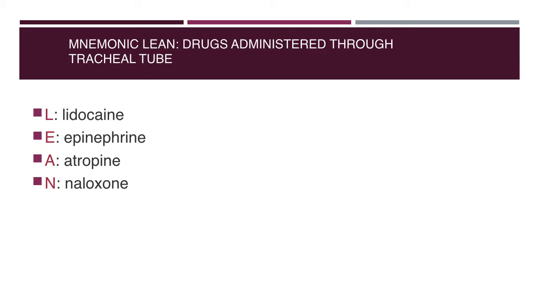L is for lidocaine, and so that's definitely one drug that can be given. Epinephrine can be given through the tracheal tube. Atropine and naloxone. These four medications can be given down the tube, and usually the dose needs to be increased to deal with the lower and slower absorption than would be accomplished if you gave it through an IV dose.